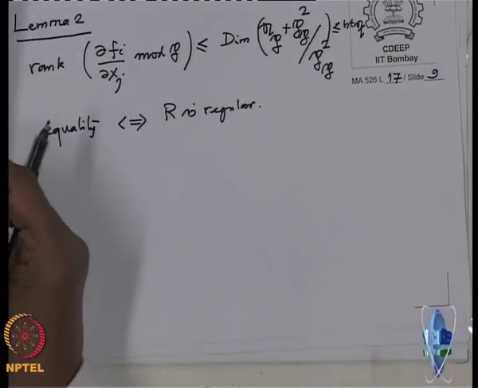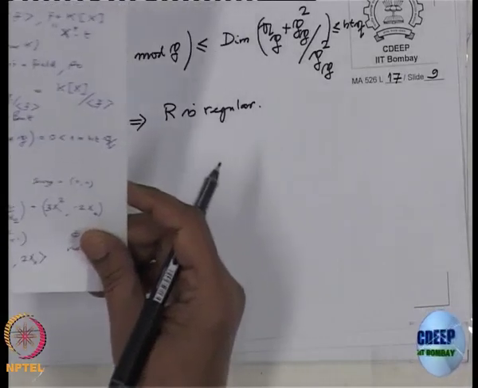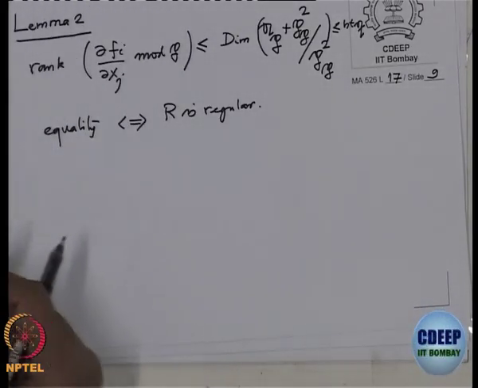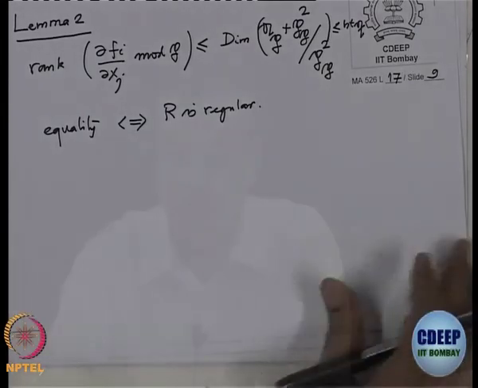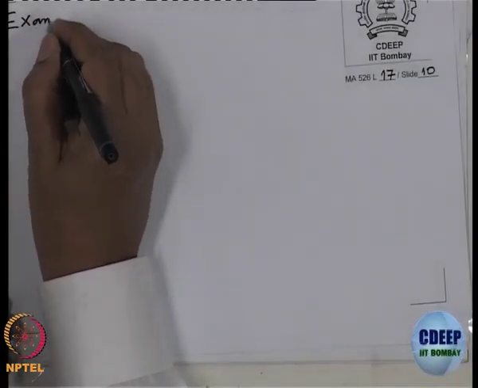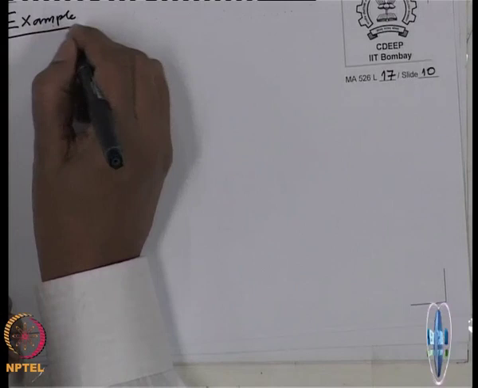Now, let me just discuss a couple of examples. First of all, I want to show an example where the separability issues arise.